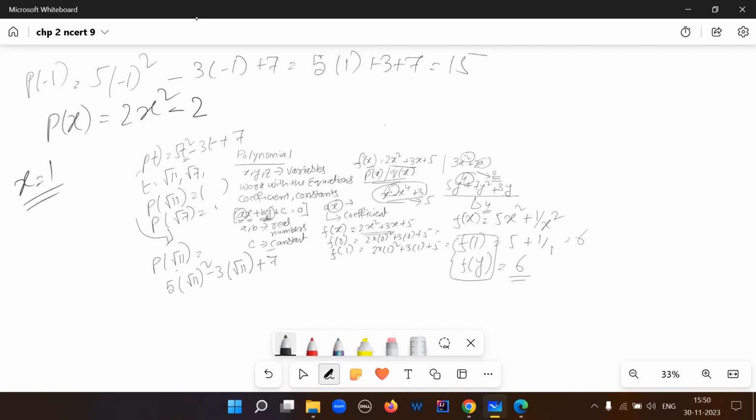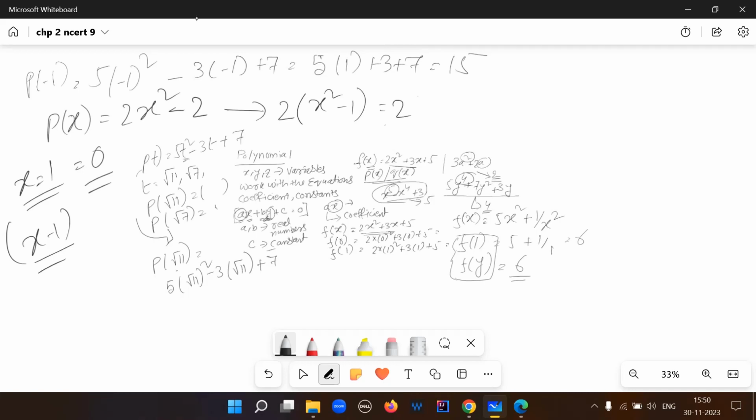So if x equals 1, then what is the value of p(x)? 0, no? So always remember that if the value at x equals 1 is 0, it means x minus 1 is a factor of this equation. Let's prove it.